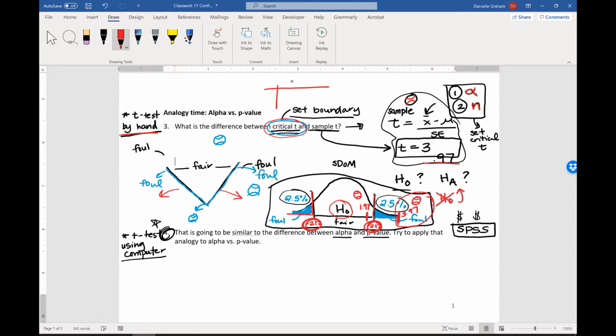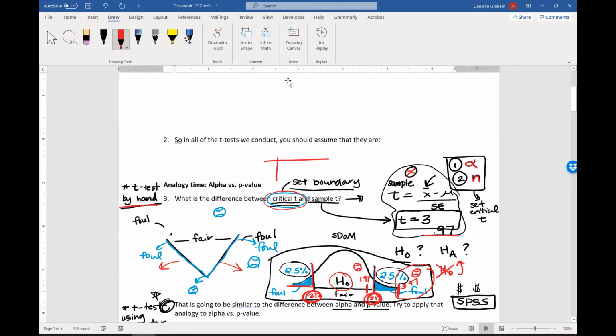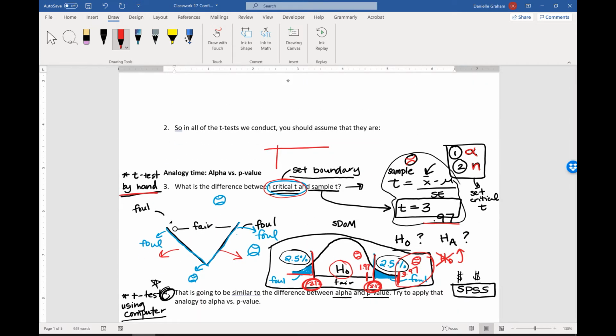It'll have different alpha levels at the top, like 0.05, which is what we use, or sometimes it'll have columns for like 0.01 or 0.001. You might see a column for 0.10, but it'll have different columns that say, well, which alpha are you using? In this class, we're always using 0.05.